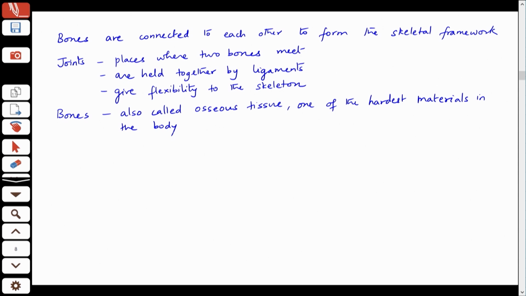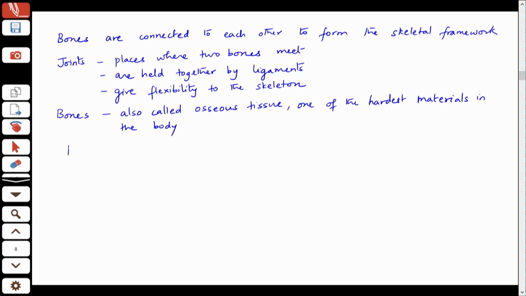So, initially, when we are in the fetal form, as a fetus, it is mainly cartilage, it is all flexible tissue, and that is gradually replaced by more immature bone cells, which finally mature into osteocytes, which form the bones.